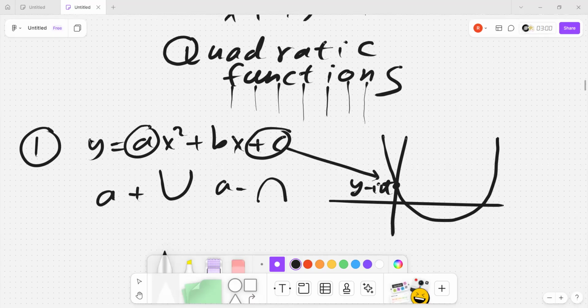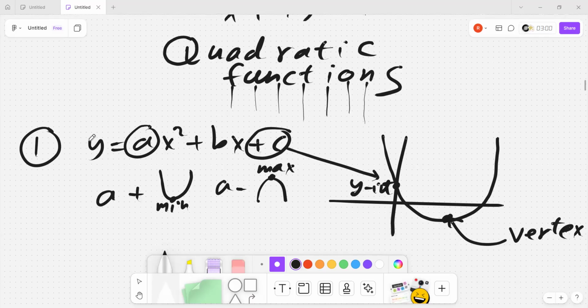There is a special point here, we call it the vertex. Every parabola must have a vertex. If a is positive and the parabola is looking up, our vertex will be a minimum point. If it's looking downwards, our vertex will be a maximum point.